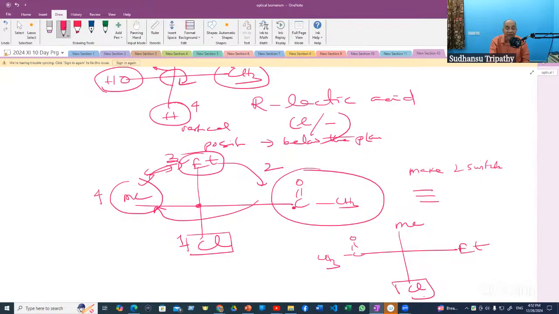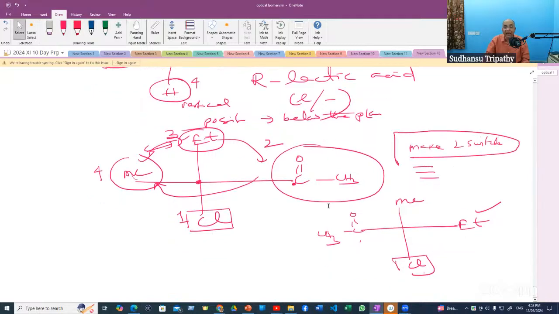So what I did, I kept chlorine fixed and made a clockwise shift. I cannot make it anti-clockwise because I have kept chlorine fixed. It cannot come to the chlorine position. So we have to make a clockwise sequential shift. Me goes to the Et position, Et goes to the other position, and this position has come here. So Et is here and COCH3 is here and Me is here. This is equivalent to 2 switches.